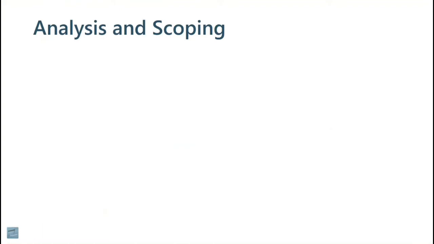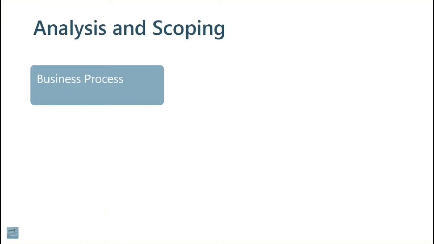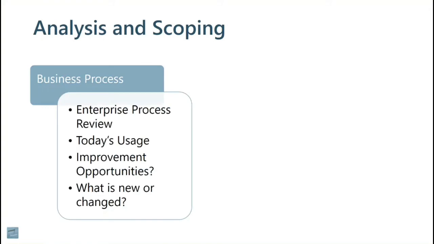Digging into analysis and scoping a little bit, the first portion relates to your business process. At Stone Ridge, we like to go through an exercise that we call the Enterprise Process Review, or you may hear us refer to it as the EPR.